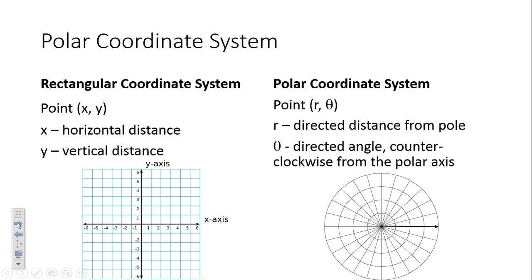The polar coordinate system has what we call a polar axis. So instead of the x-axis and the y-axis, we have one polar axis. Okay? And any points that we plot there are called r comma theta, where r is the directed distance from the pole, and theta is the directed angle counterclockwise from the polar axis.